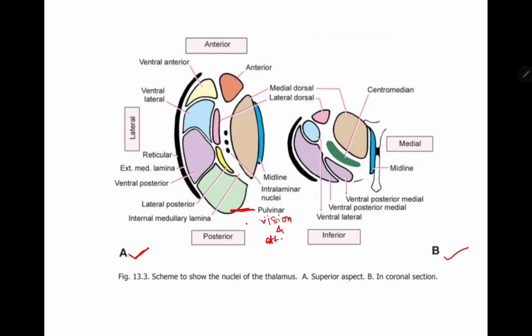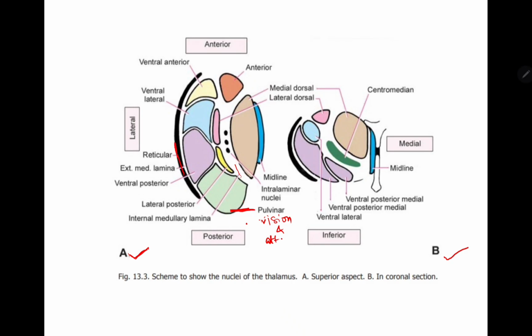Now the internal medullary lamina. This is the internal medullary lamina. It is Y-shaped and splits the nuclei into groups. Reticular is the thin shell outside. This is the reticular, the black one here.